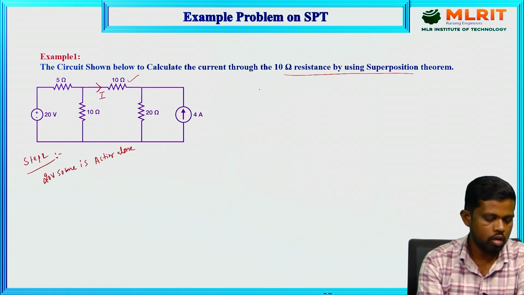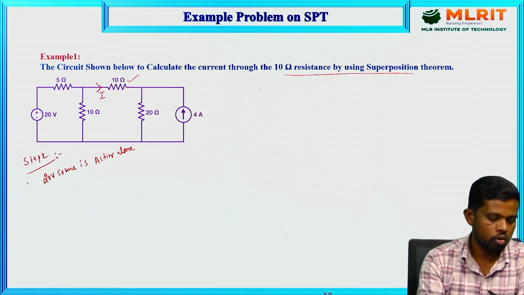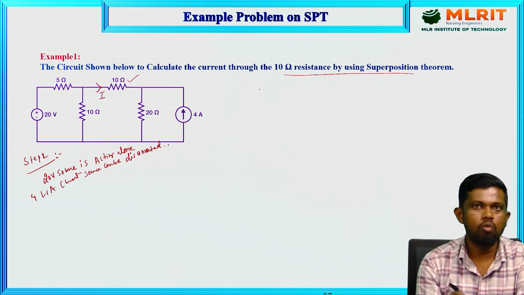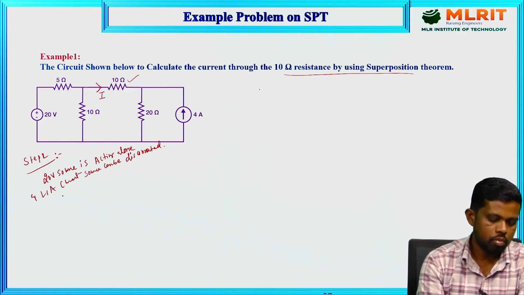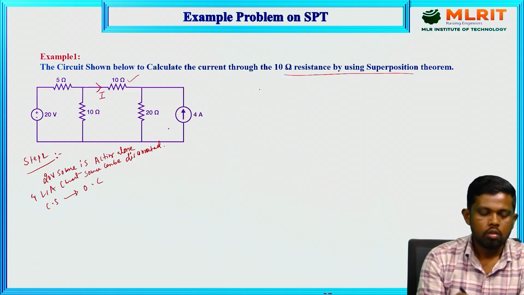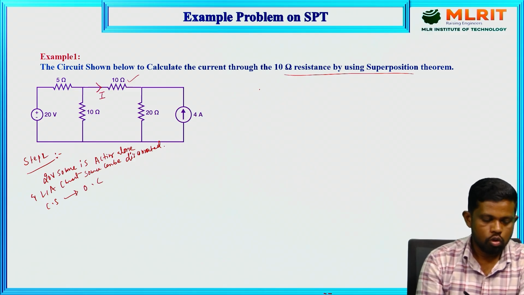We disconnect the 4 ampere current source, which is replaced by an open circuit. Then the circuit is going to look like this.